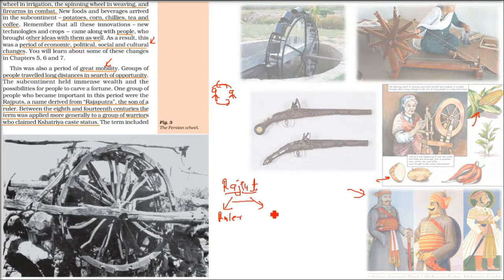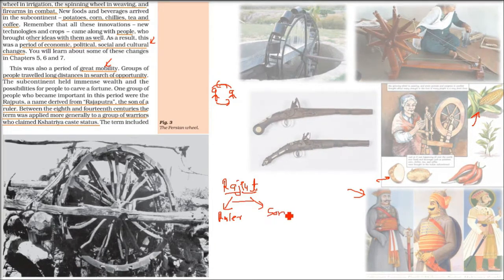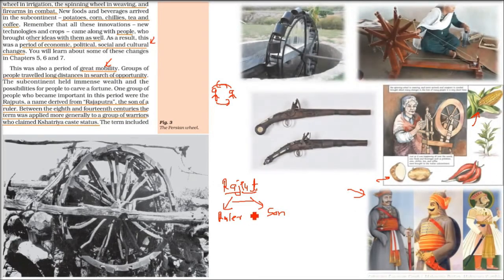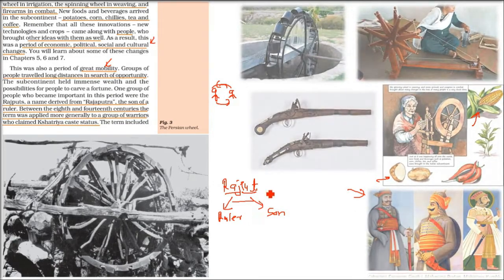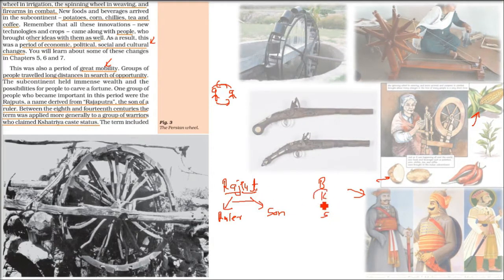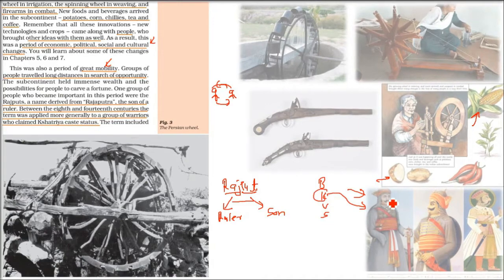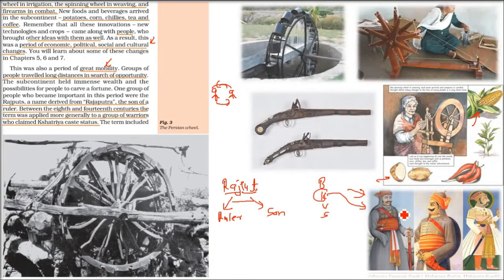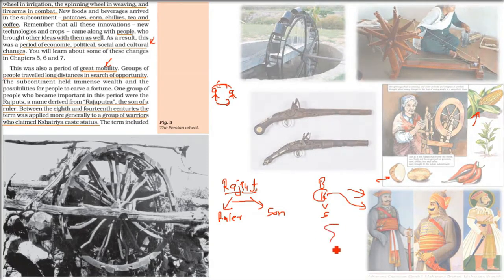Rajput, that is ruler's son. Between the 8th and 14th centuries, this term was applied to the warriors. If you see Brahmana, Kshatriya, Vaishya, Shudra, these belong to Kshatriya, or they claimed that we are Kshatriyas, we have this caste status.